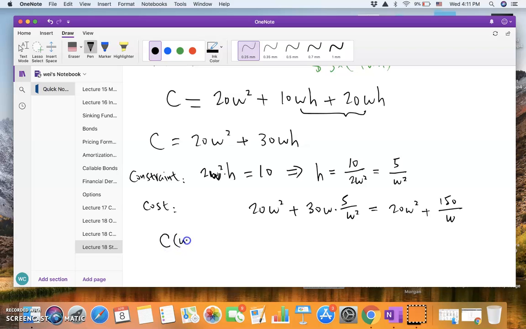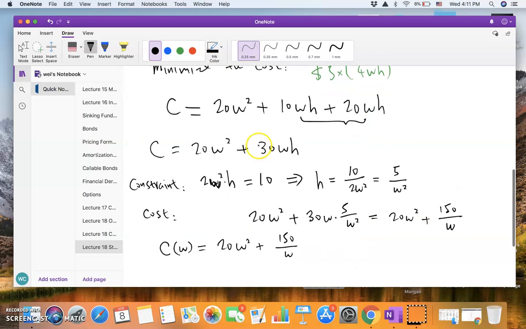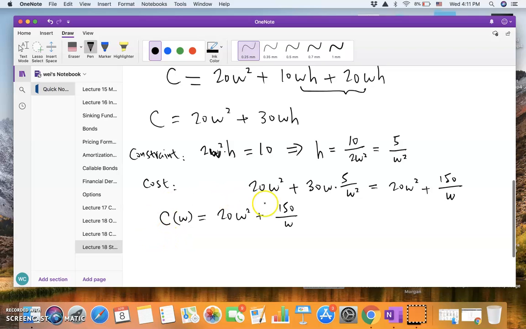Therefore, we can express the cost as a function of w. In this function, we have only one variable, w. Since we want to minimize the cost, we're looking for the minimum value of this function.